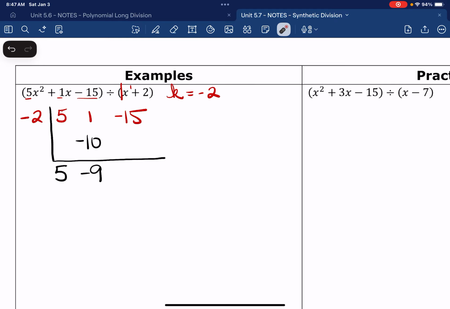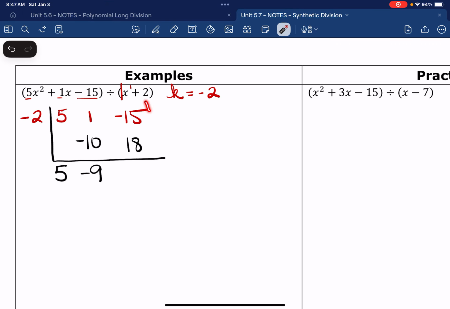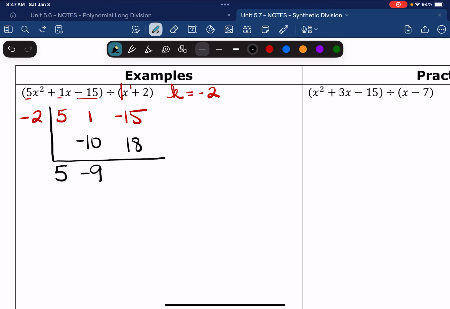And then let's multiply. Negative 2 times negative 9 gives us a positive 18. So we put a positive 18 right here. Then we combine. What's negative 15 plus 18? That gives us 3. And remember, this last number is always our remainder.